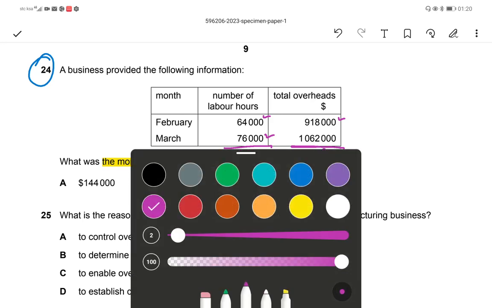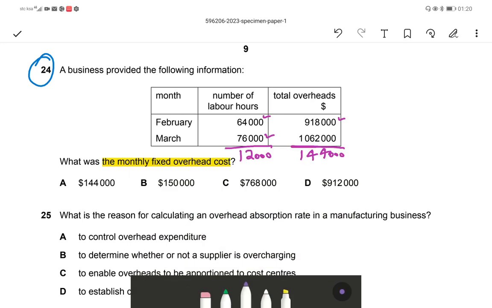The variable cost is equal to 144,000 divided by 12,000, which is equal to 12. 12 is the variable cost. So we can find the fixed cost by applying February, March or any labor hours. So we can check with the 64,000 here.